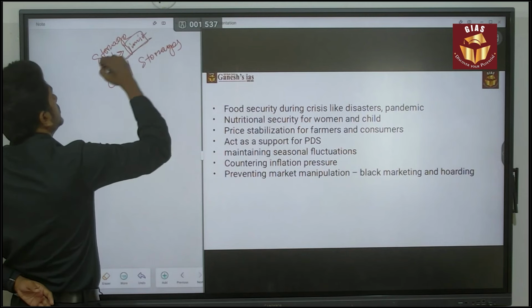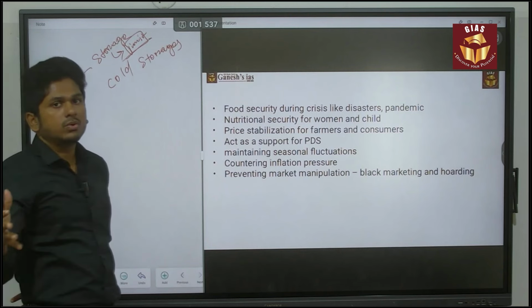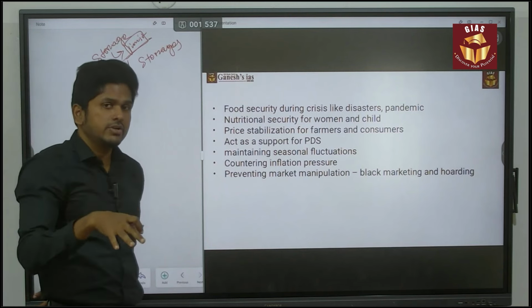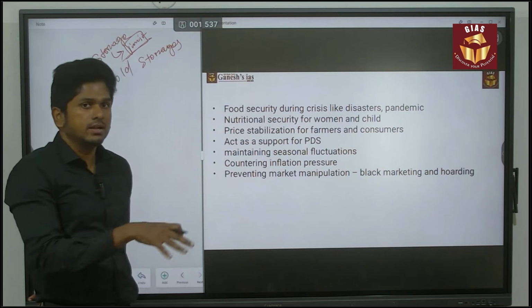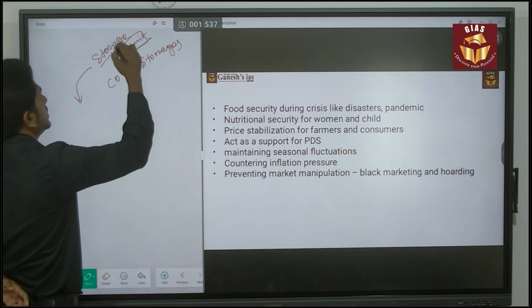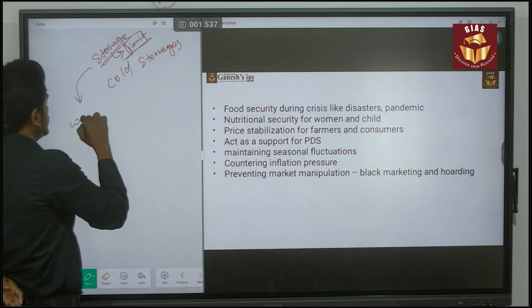There will be news saying that major rice and wheat are dumped in the open ground, and continuous rainfall is going to affect these stocks. So that is what is happening. Limited storage facilities themselves lead to wastages.